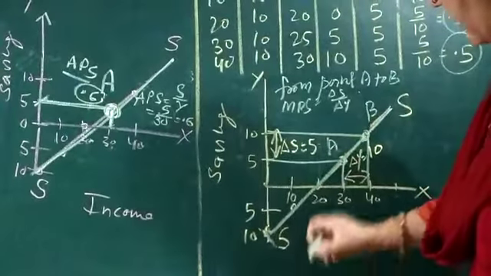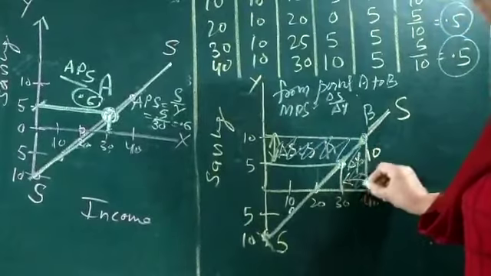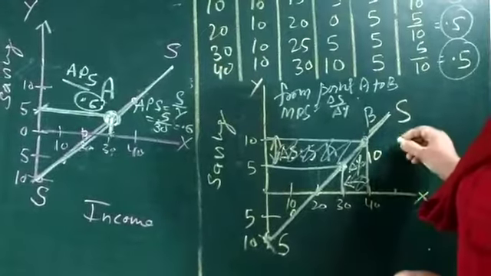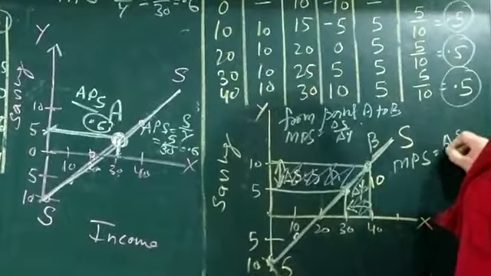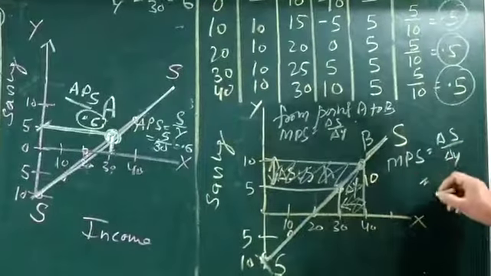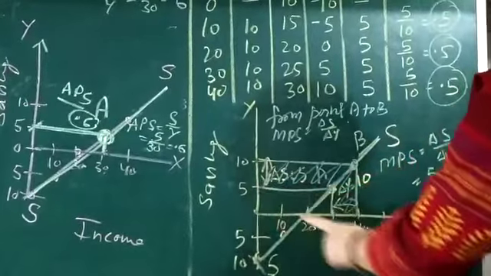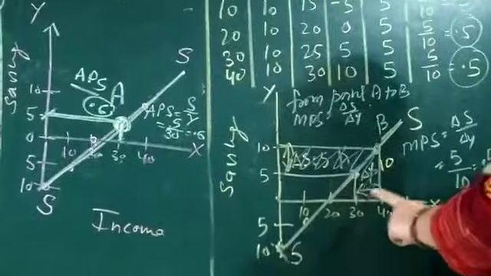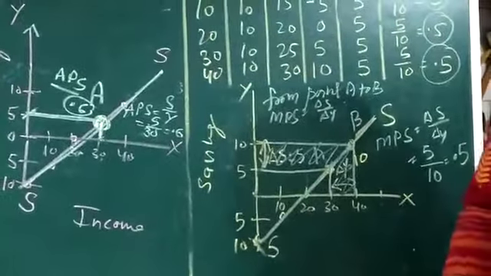So this shaded area represents marginal propensity to save, which is delta S upon delta Y: change in savings is 5 and change in income is 10, so 0.5. So this is the basic difference between APS and MPS.